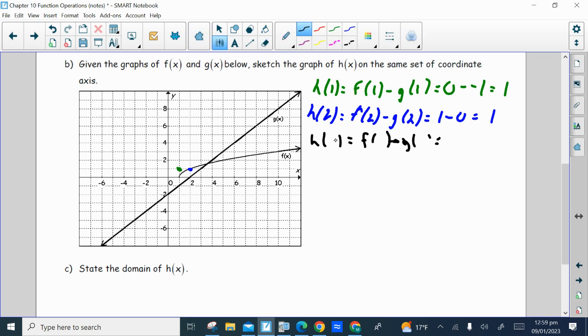I'm going to do h at 5, which will be f at 5, take away g at 5. F at 5 is positive 2, take away g at 5, which is positive 3. And now 2 minus 3 is negative 1. So the point 5, negative 1 would be right there.